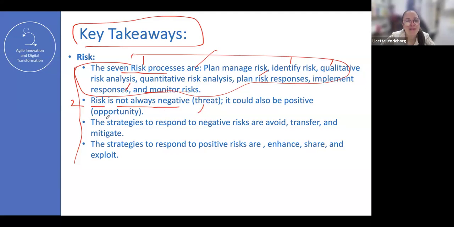It could also be positive, which is an opportunity. Number 3, the strategies to respond to negative risks are number 1, avoid. Number 2, transfer. And number 3, mitigate. Bullet number 4, the strategies to respond to positive risks are enhance, share the risk, and exploit.